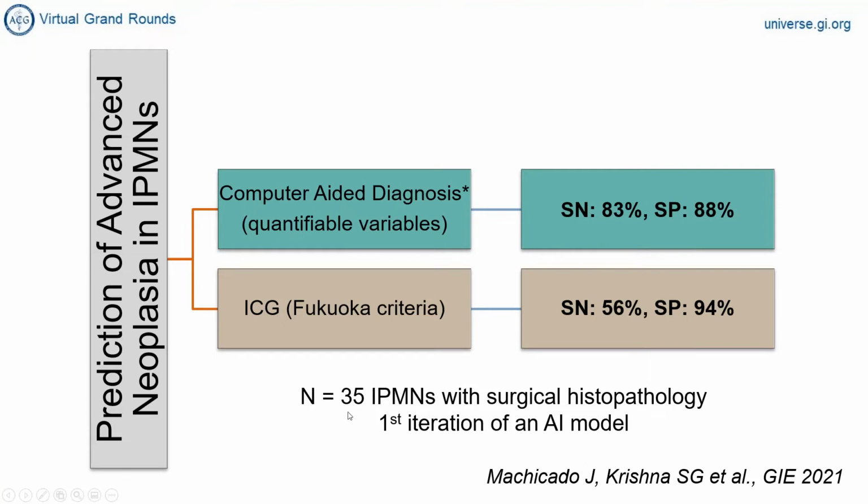And again, in this patient population, the current guidelines classified them with a sensitivity of 56% and a specificity of 94%. Again, here, the computer model did well compared to established guidelines, and we are working on improving these models. Of course, these computer models only get better with more cases, and we are conducting a multi-center study. Eventually, we'll be able to have more cases to improve this AI algorithm in classifying dysplasia.